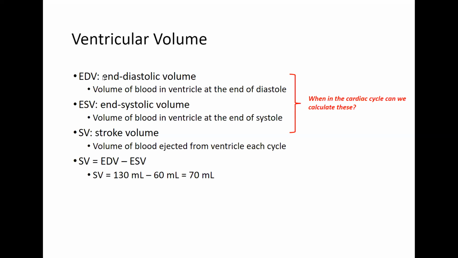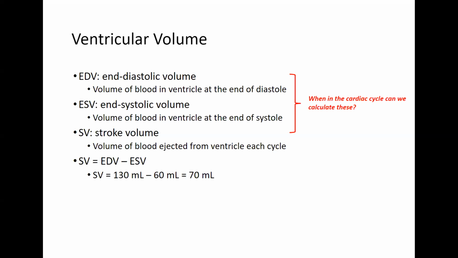So using these two numbers, the ventricle when it's full, that end diastolic volume, versus the amount of blood left at the end of systole, the end systolic volume, we can figure out how much blood was actually ejected, how much blood was sent out to the systemic circuit. We refer to that amount as our stroke volume. The stroke here being a single heartbeat, right?